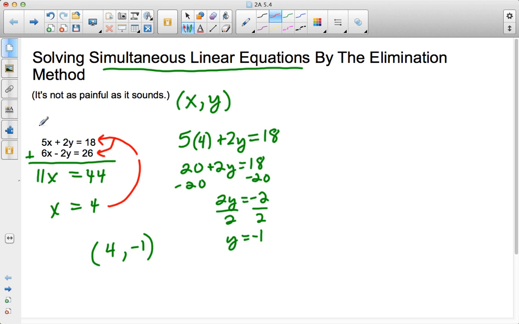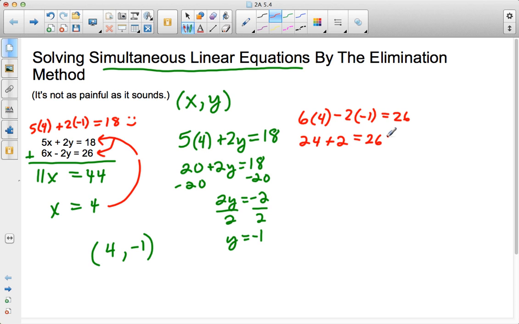So 5 times 4 plus 2 times negative 1 equals 18. Is that true? 20 plus a negative 2 does equal 18. That's true. Now I'm going to try the second equation. 6x minus 2y equals 26. 6 times 4 minus 2 times negative 1 equals 26. 24 minus 2 times a negative 1, all right, so that's going to change this to a positive, equals 26.